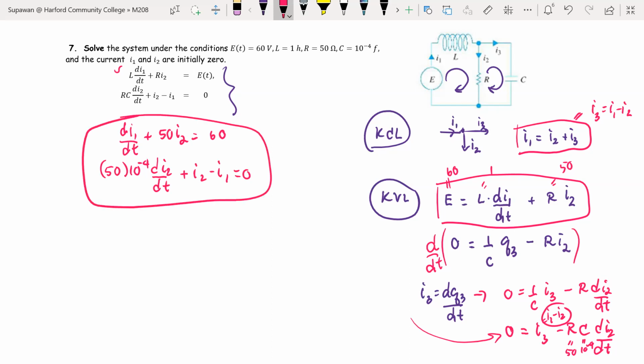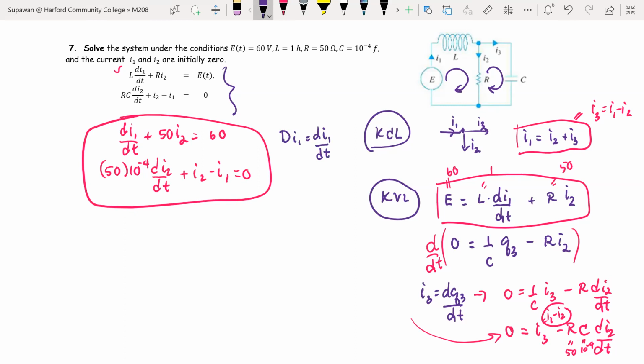And we're going to work on this system of equations. Write it in a systematic way. Introduce the notation for the operator D. So DI1 means the rate of change of the current I1 with respect to time.